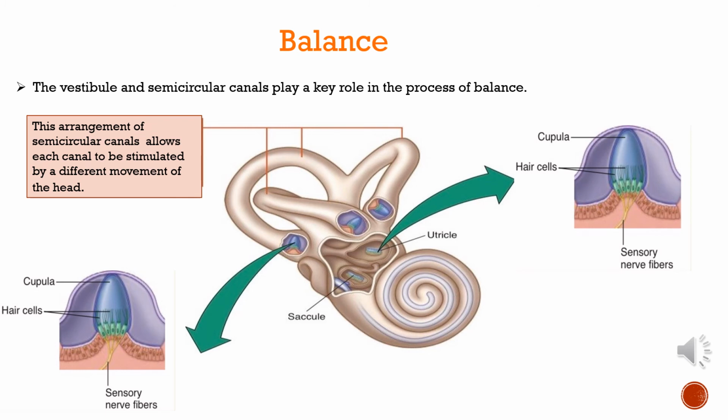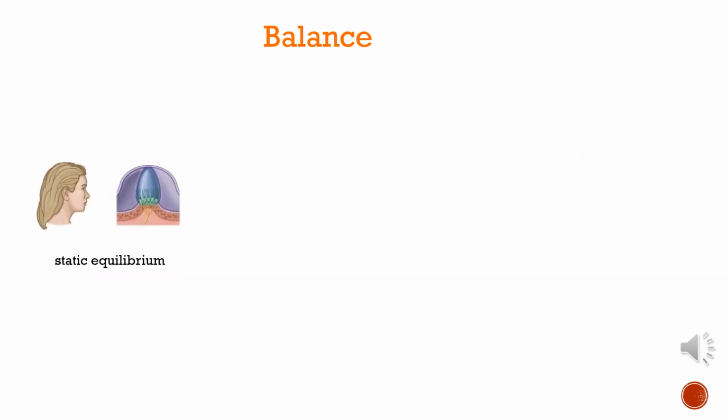The vestibule contains the utricle and saccule. A patch of hair cells lies inside both these organs. The tips of the hair cells are covered by a gelatin-like material. The gelatinous material has heavy mineral crystals called otoliths. So how does balance occur?